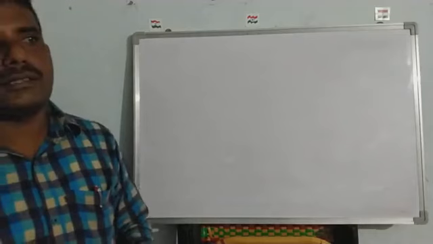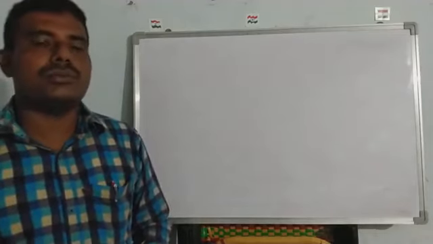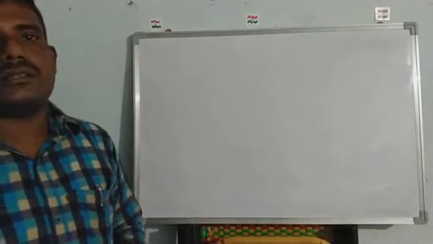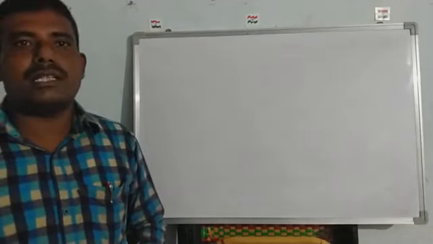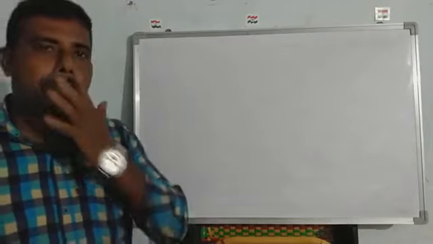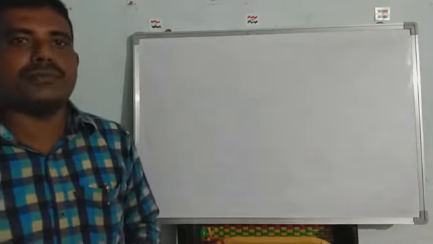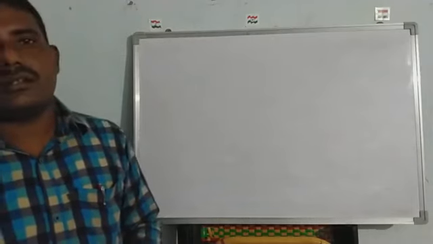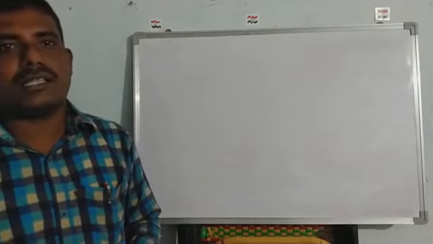Today's class is a continuation of the previous class. In the previous class, we discussed the Gauss law and its proof. Once more, let us recollect the Gauss law statement.